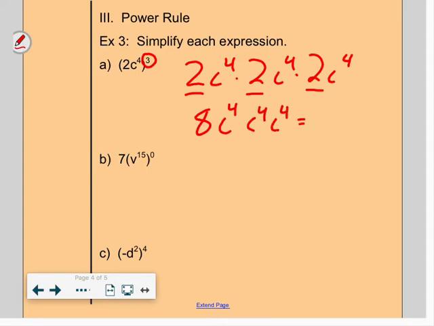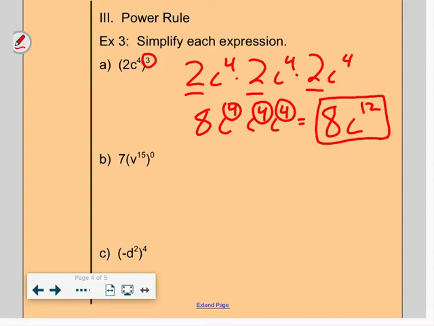So how many c's do you have? Well, you have 4 right here, 4 more right here, and 4 more right here. So in total, when you combine those 4 c's with these 4 c's with these 4 c's, we have 12 c's. Bingo, bongo, you're done.